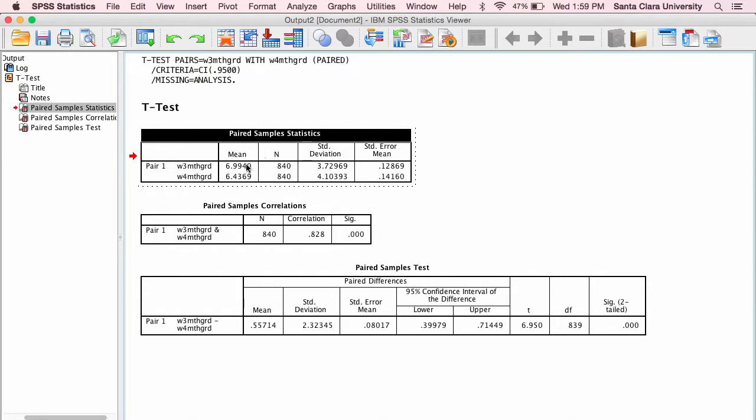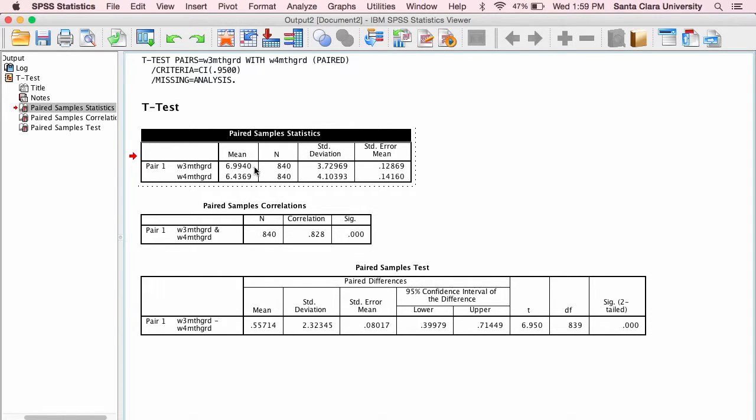First, it presents the two means and sample sizes. You can see the sample sizes are the same because it's comparing the same group of students from time one and time two. So that should be the same. Standard deviations at each time and the standard errors of the mean.